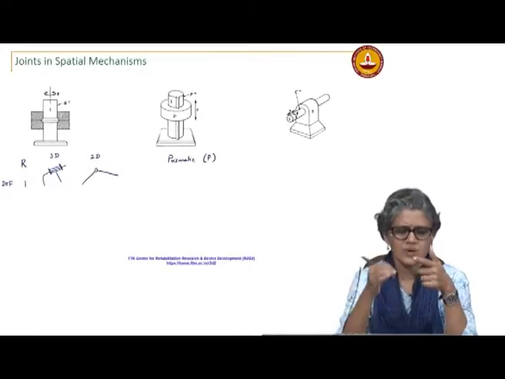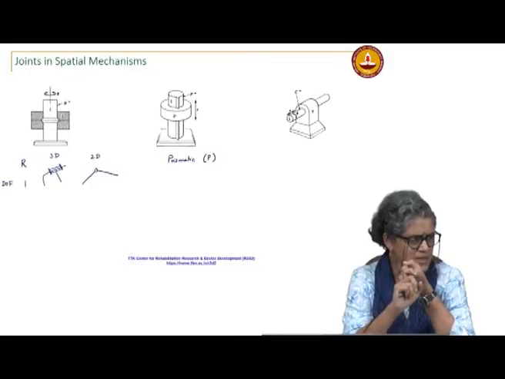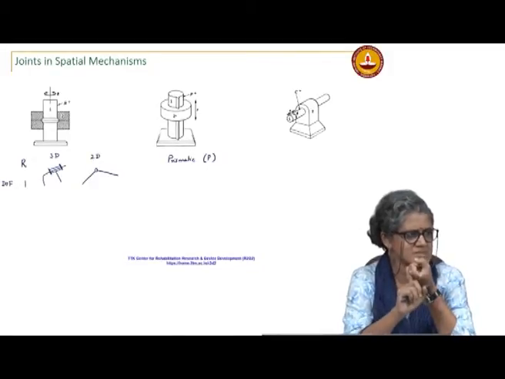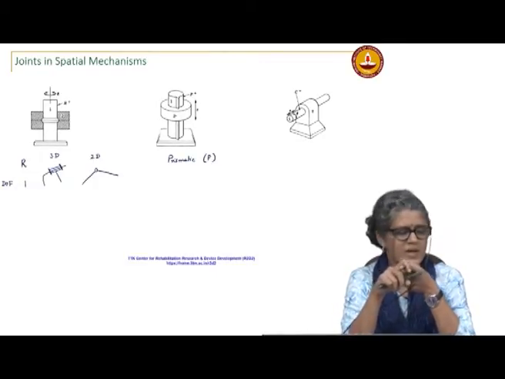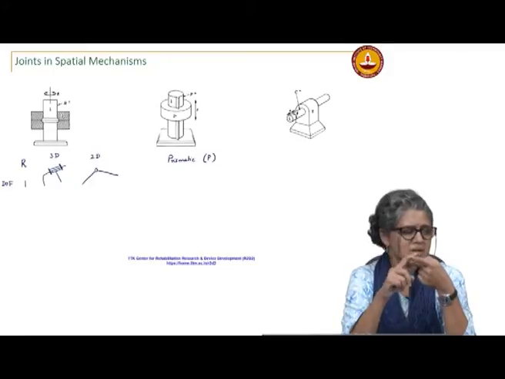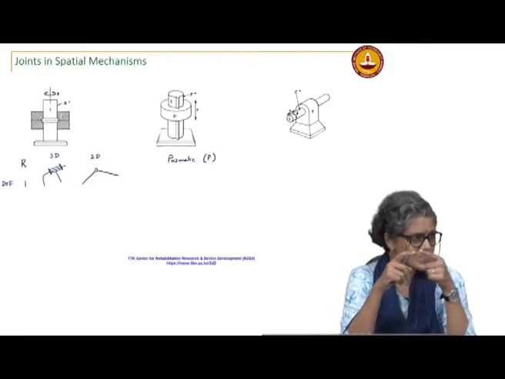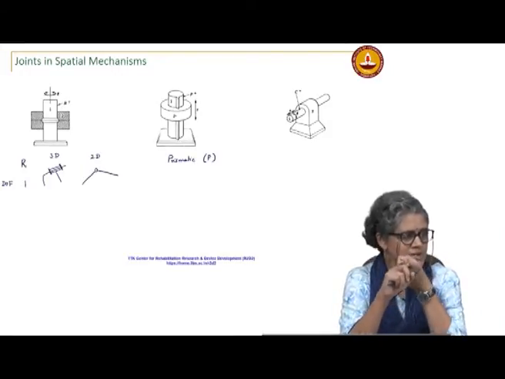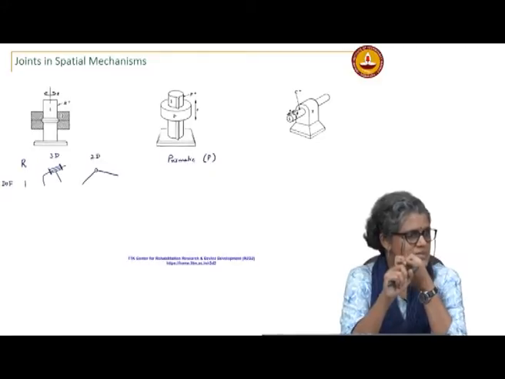No. You have one link, you have another link. When you connect them by a revolute joint, it allows only rotation of one link with respect to the other. That is the only motion that is allowed, and it does not matter what the direction of the axis is. A revolute joint restricts all other degrees of freedom between the two links.